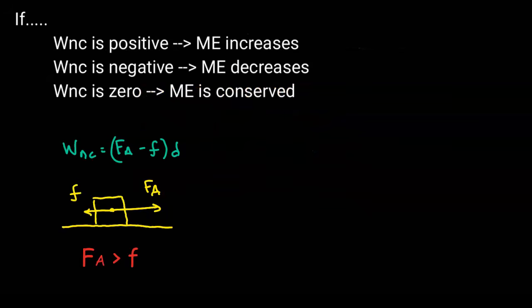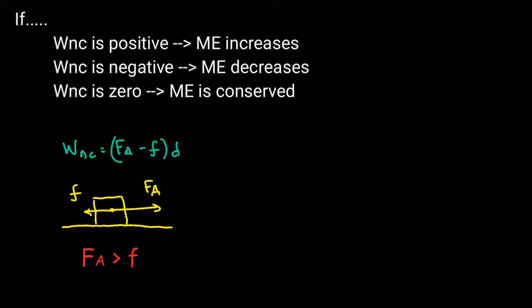Work done by a non-conservative force can be positive, negative, or zero. If the work done by a non-conservative force is positive, then the mechanical energy will increase. So down here we have an example of this box that we're pushing to the right. We have an applied force, which is a non-conservative force. We have friction, also a non-conservative force. We're pushing it to the right, a displacement of d.